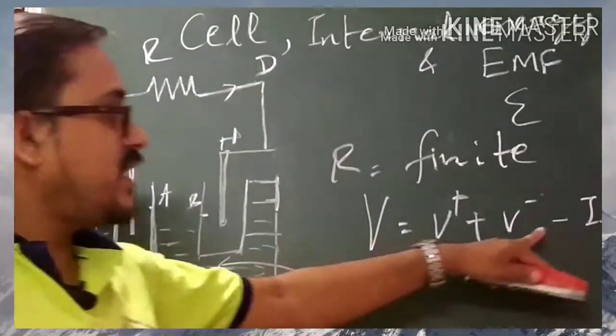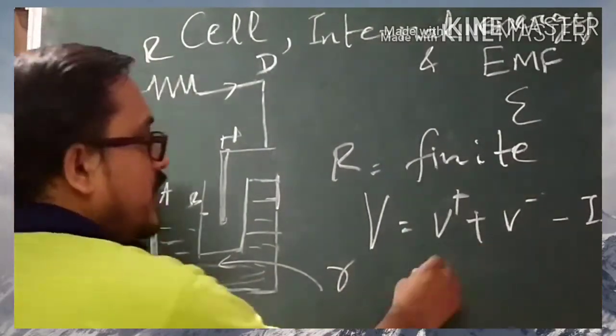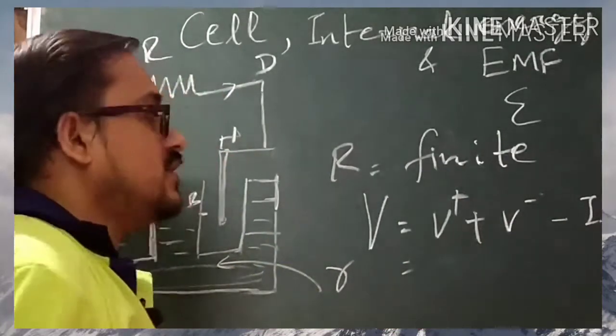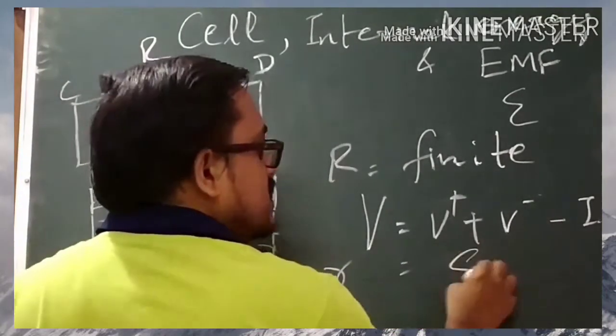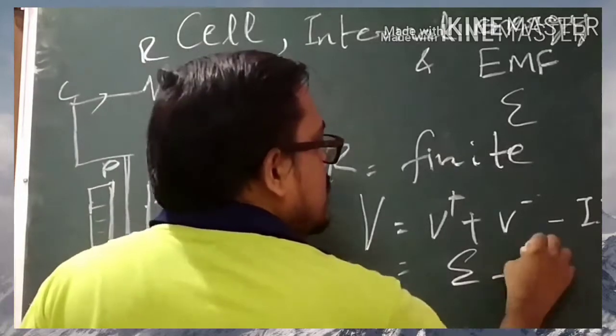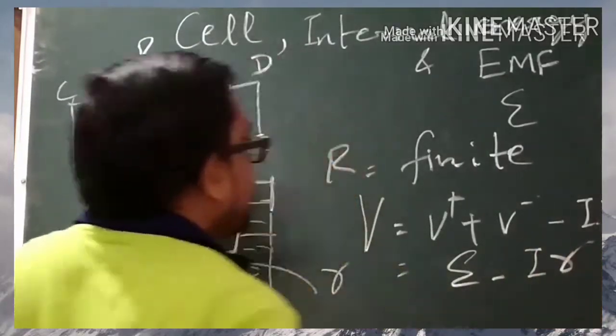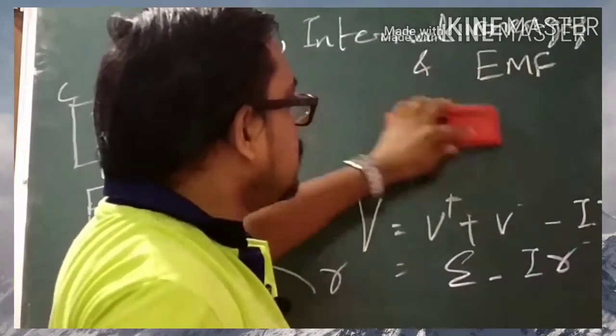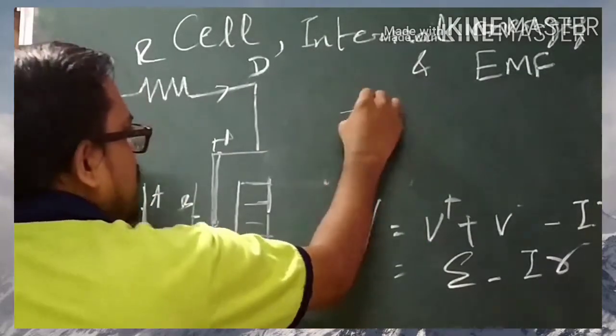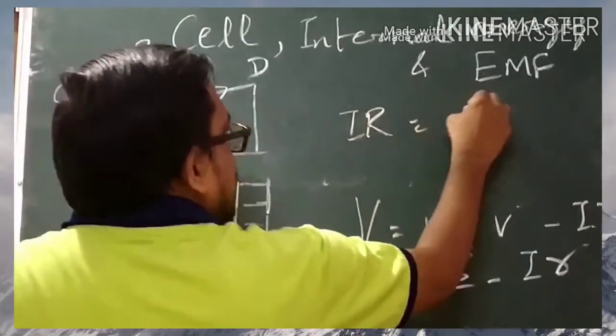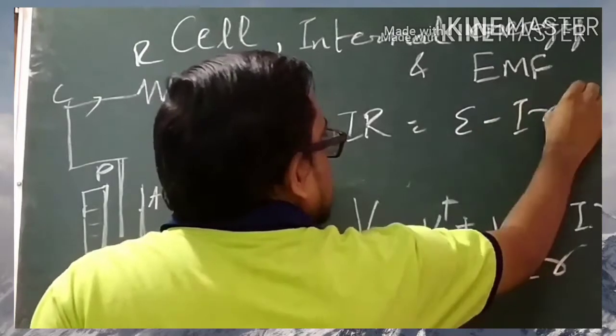From the definition, V plus plus V minus represents the electromotive force. Now from Ohm's law, V represents IR, and this will be equal to E minus Ir.